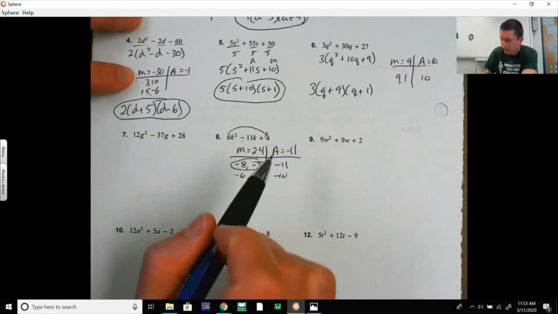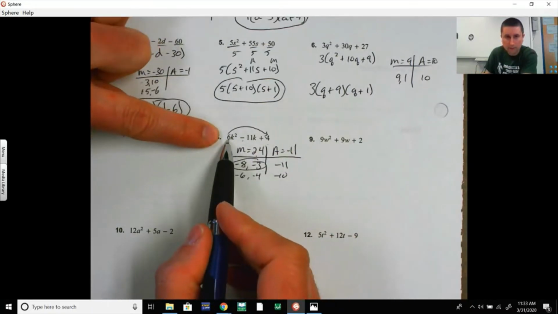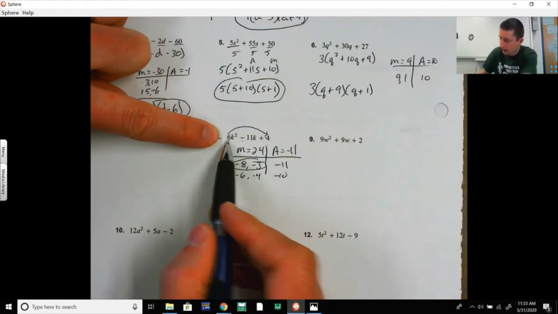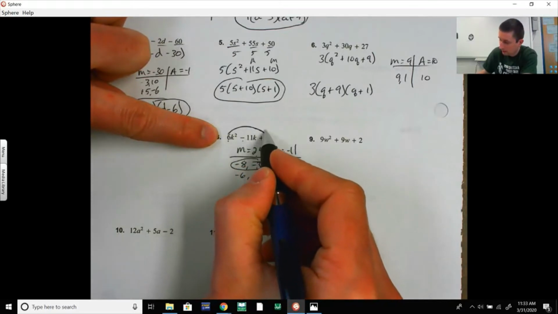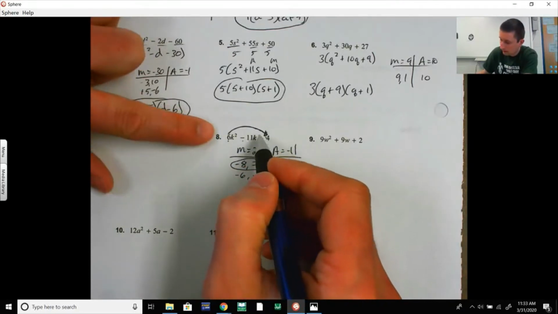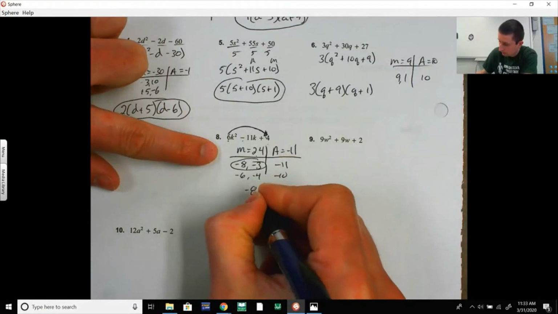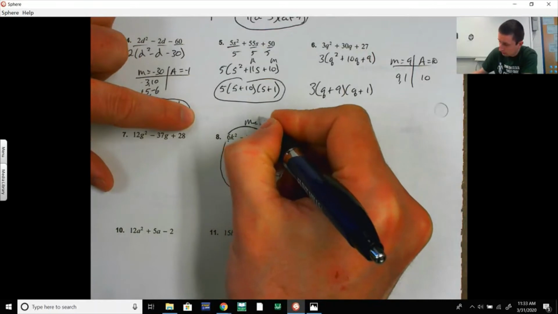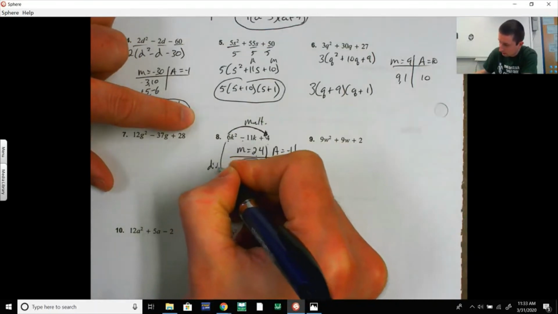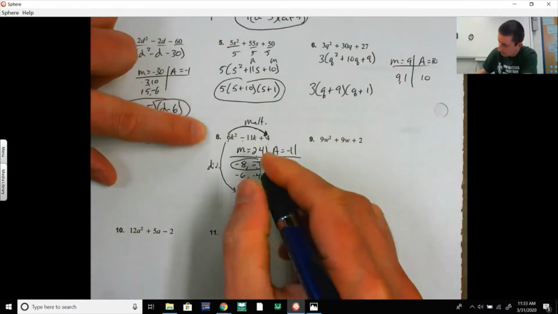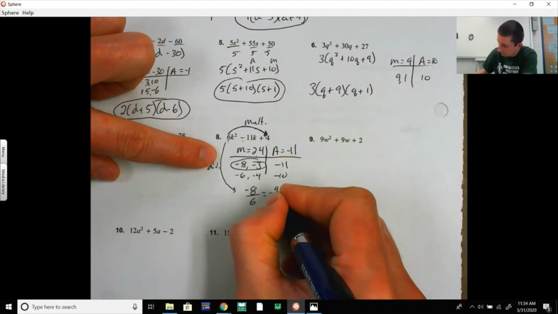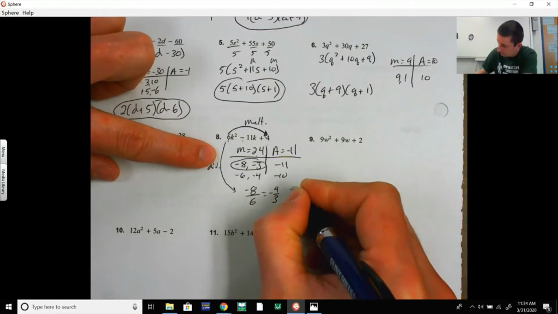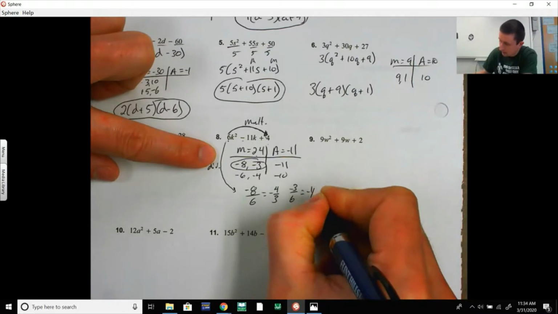So now, in this case, we had a number in front. Okay, we had to do this step. So whenever you have to do this step, now you have to take these two numbers and divide it by here. So we start with the multiplying, we're going to undo that step, and we're going to divide. So negative 8 over 6, that is negative 4/3. And negative 3 over 6, that is negative 1/2.